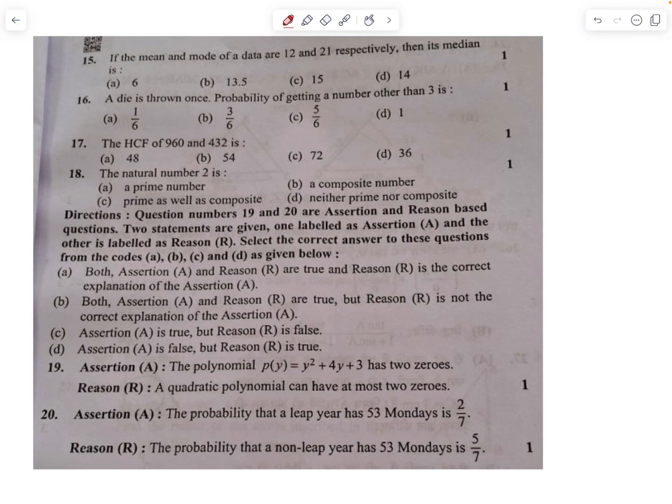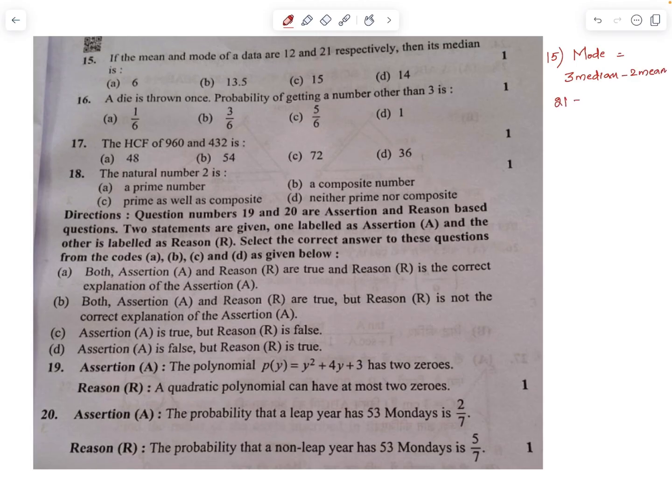If the mean and mode of a data are 12 and 21 respectively, then its median is. The formula which connects the three central tendencies are mode is equal to 3 median minus 2 mean.